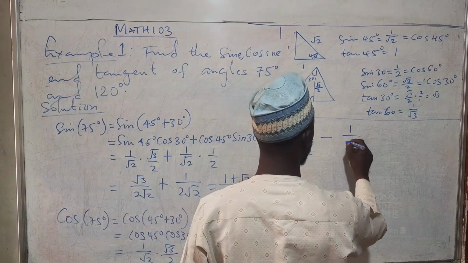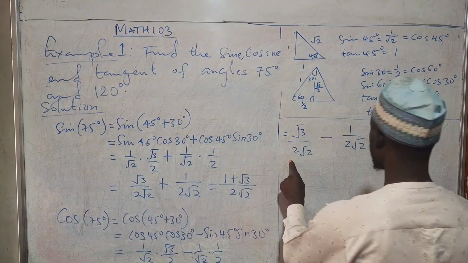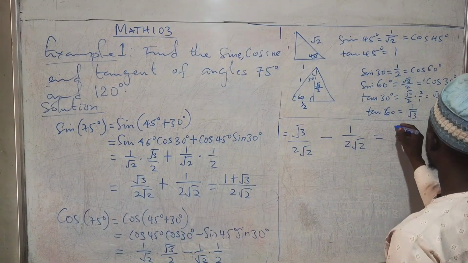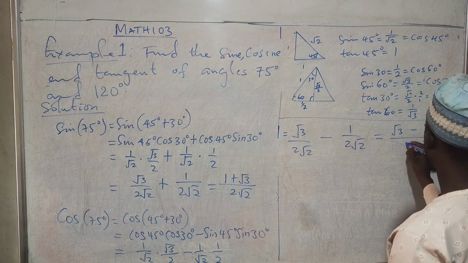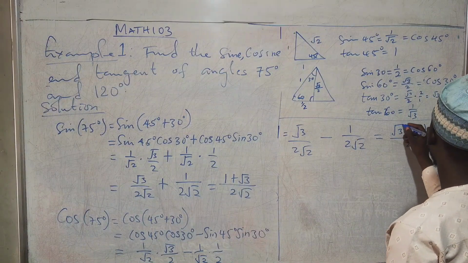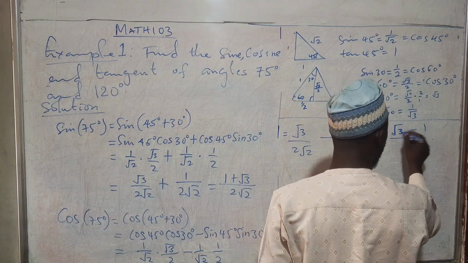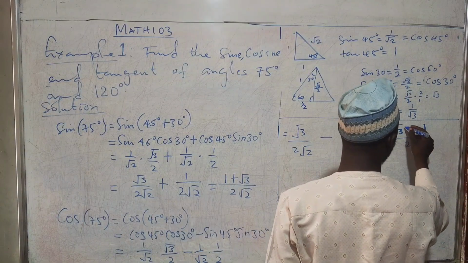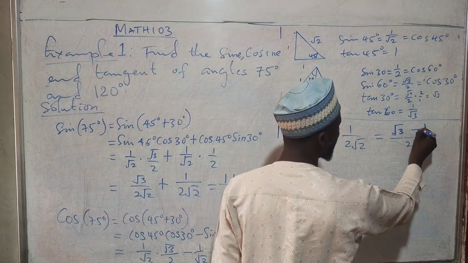I have 1 over 2 root 2, and that is equal to, so 2 root 2, 2 root 2, so I have root 3 minus 1 all over 2 root 2, common denominator. So you see, this root 3 is here, and then minus 1. So the root is only affecting 3, not minus 1.